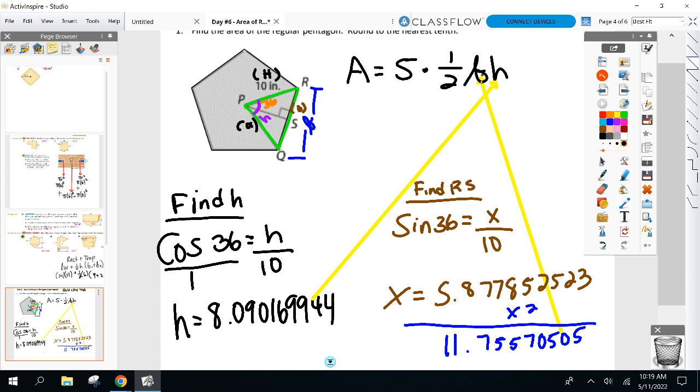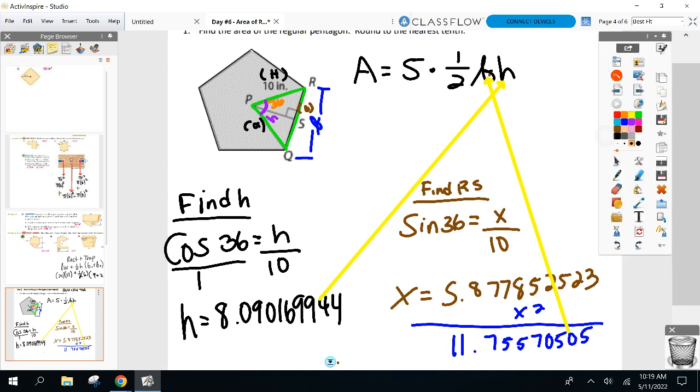Hopefully you can clear your calculator screen so you can copy paste these. And we're going nearest tenth today. 237.8 inches squared.